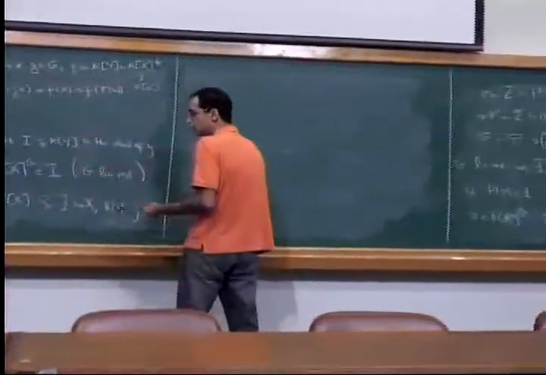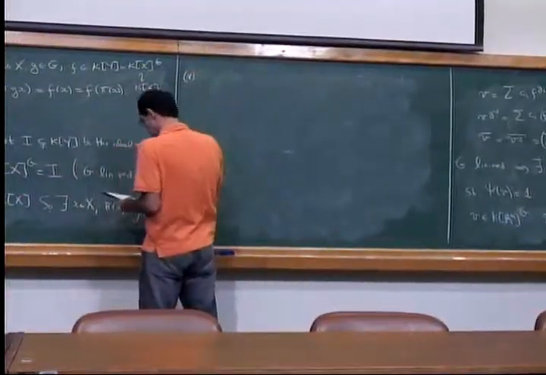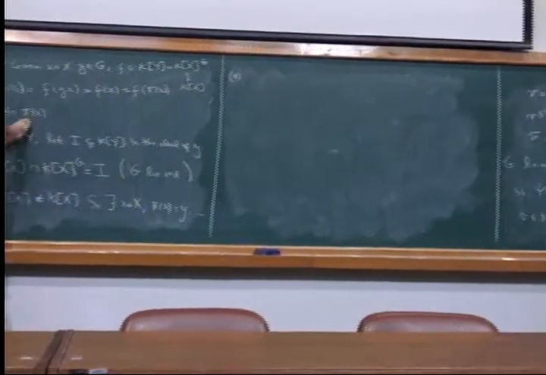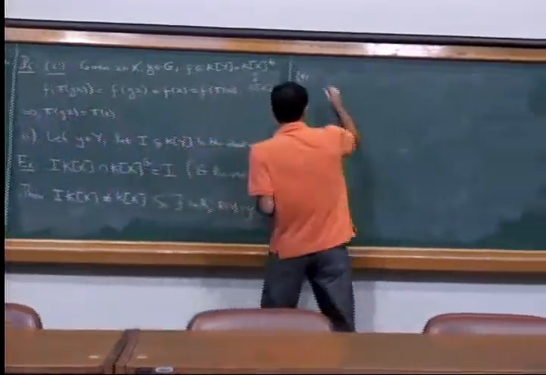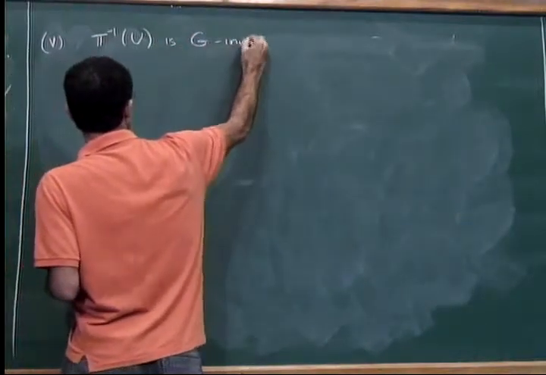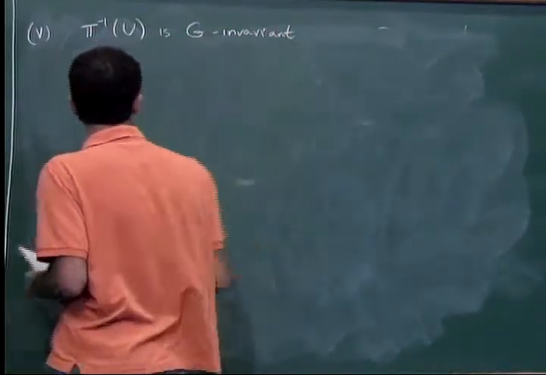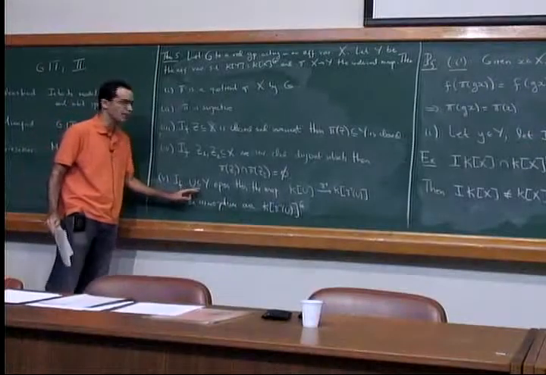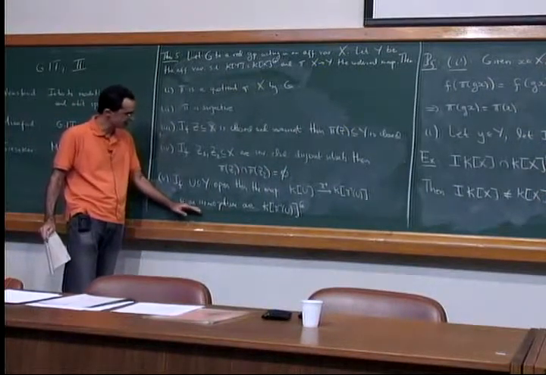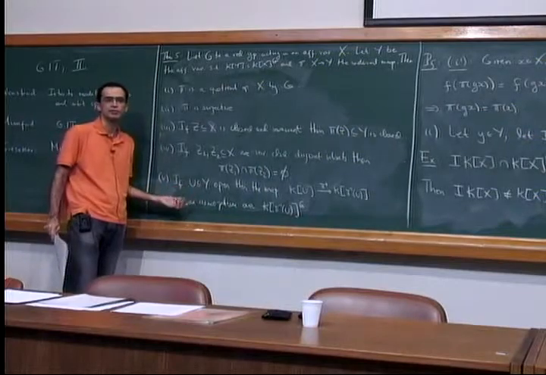Okay, so let me show now 5. Notice that since we have proved that pi collapses the orbits, we have that pi^-1(U) is G-invariant. Right? If x is in there, G x is in there as well. Now, every open subset of Y is covered by principal open sets. And if you show this for a covering, then you get it for U. That's easy to see.